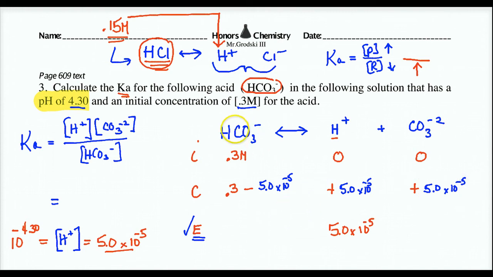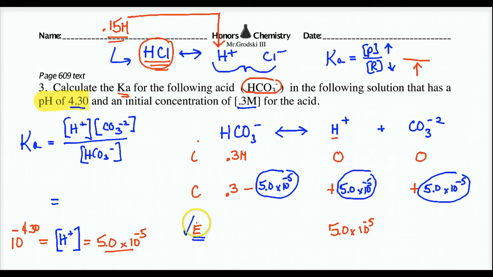Again, why am I adding? Because this is losing something. So that x, that amount, and what do we say? This is a weak acid, so does it go forward very much? No, we only lose 0.00005 of this concentration as we go forward. We only make 0.00005 of these two. It barely changes.